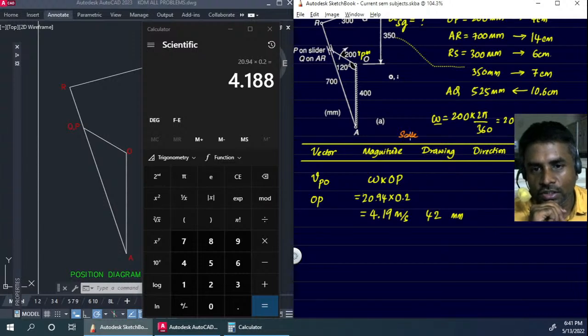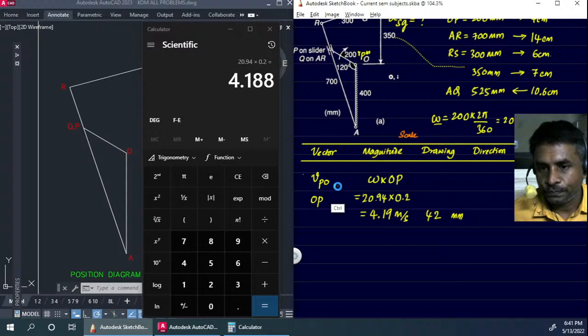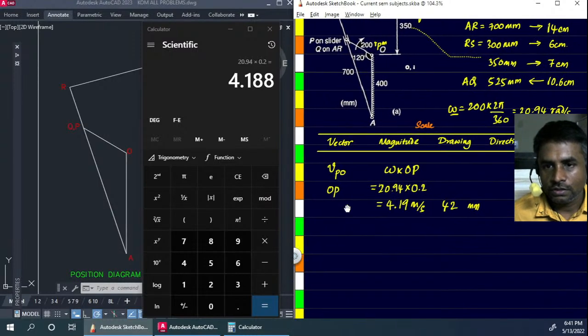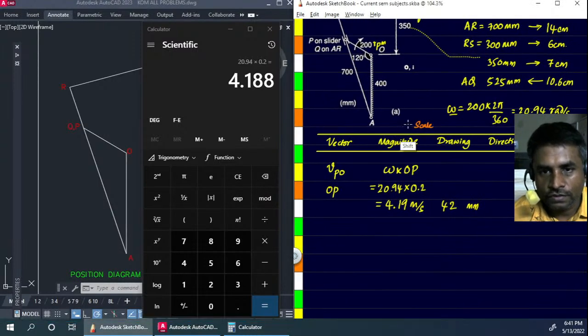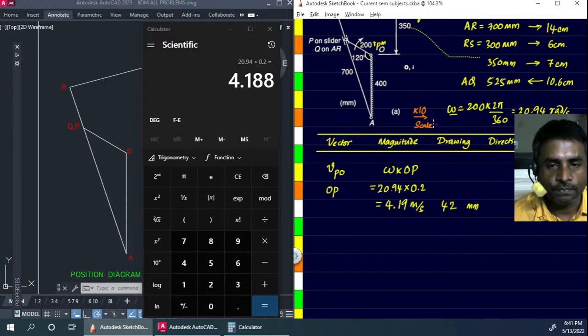So when you're transferring from this side to this side, the scale that I'm using is multiplying by 10. Fine. So if you have to go from the drawing to the actual measurements, you'll have to divide it by 10. So that's our convention.